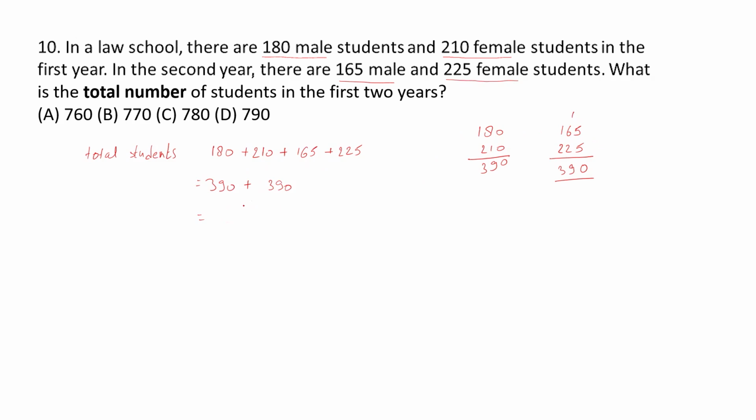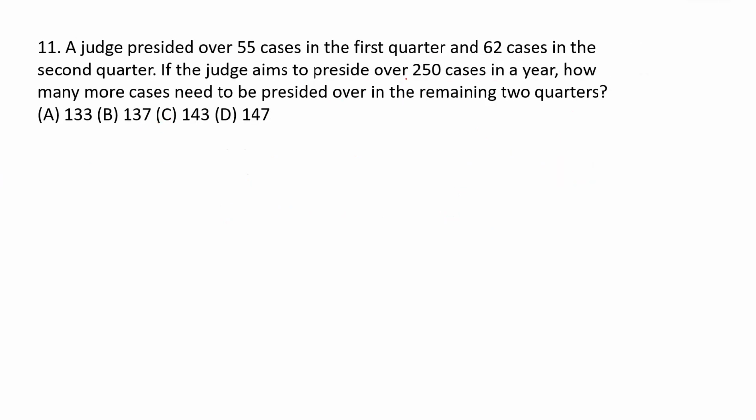Now total students, you have to add them up. 390 plus 390. So 0 plus 0. No subtraction, we are adding. 9 plus 9 is 18, so 8. 3 plus 3 is 6 and plus 1 is 7. So 780 students. So third option is correct. Is that okay? So in first year, these many female, male, and in second year, these many male and female. So total students, you just have to add them up.